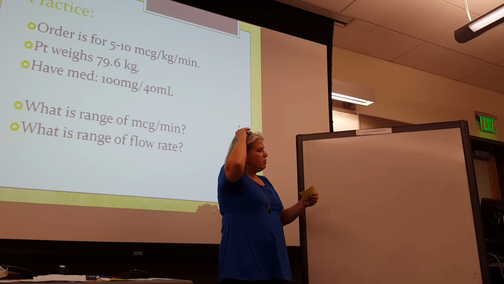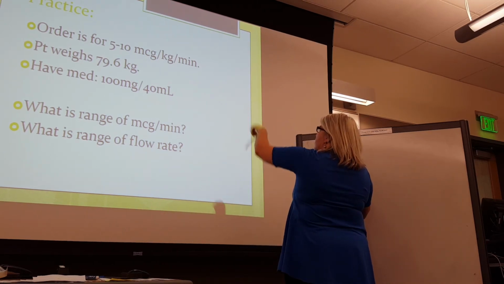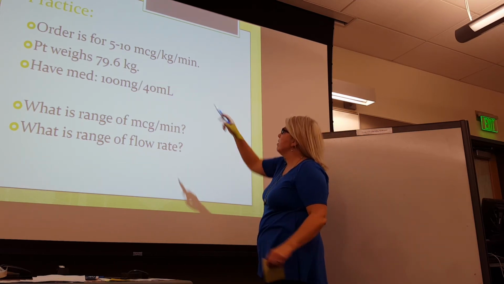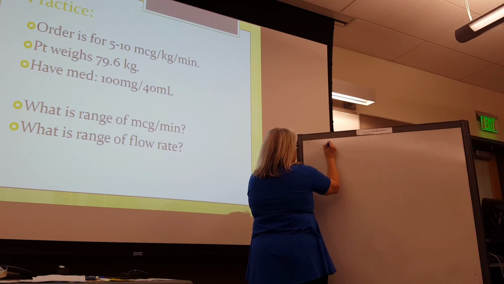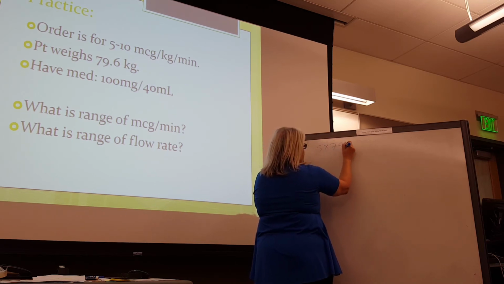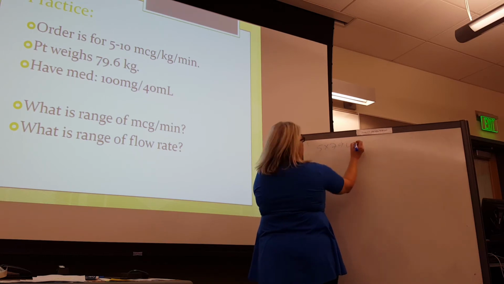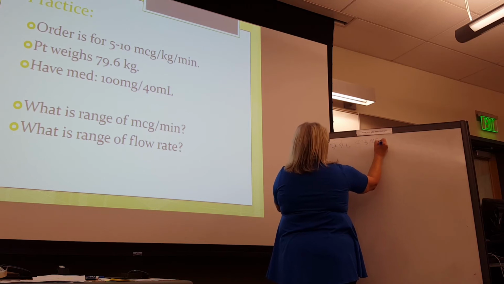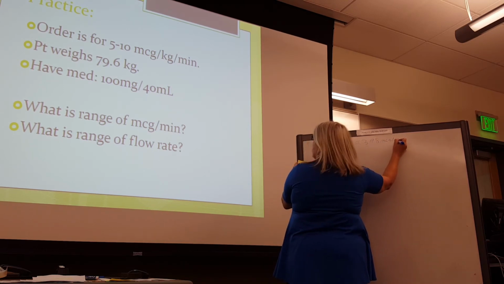So for example, I like to take my off to the side, so let's say start with the low, take the 5 times 79.6, so 5 times 79.6 equals 398 micrograms per minute.